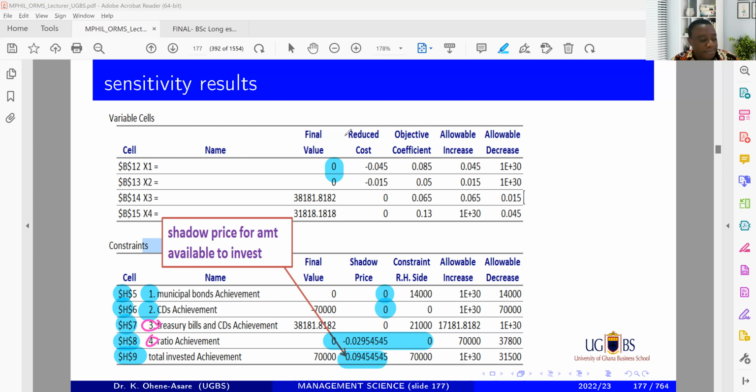Because the treasury bill and CD achievements, if Amma should invest in them, the shadow price is zero. That means it will not have any effect on the expansion. It will not add anything to it. And looking at the ratio achievements, the shadow price is negative 0.29. So if Amma should invest in that, it's going to reduce her objective function.